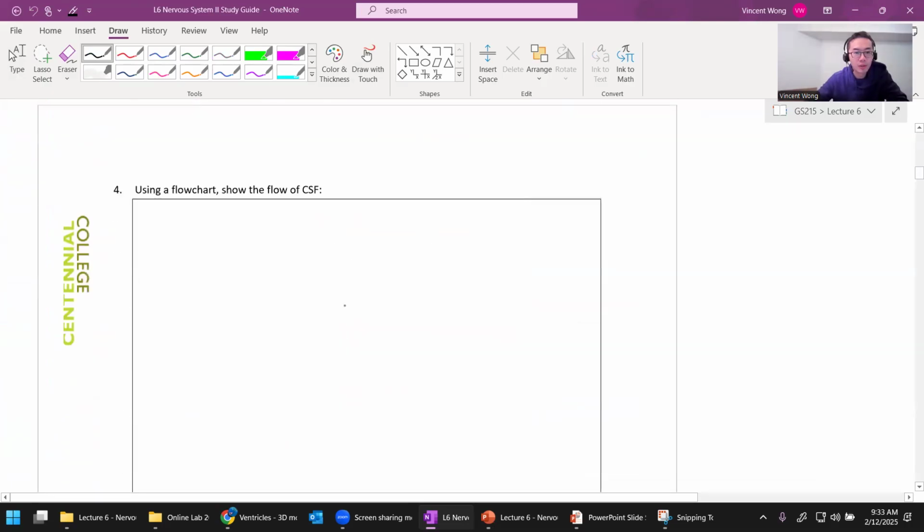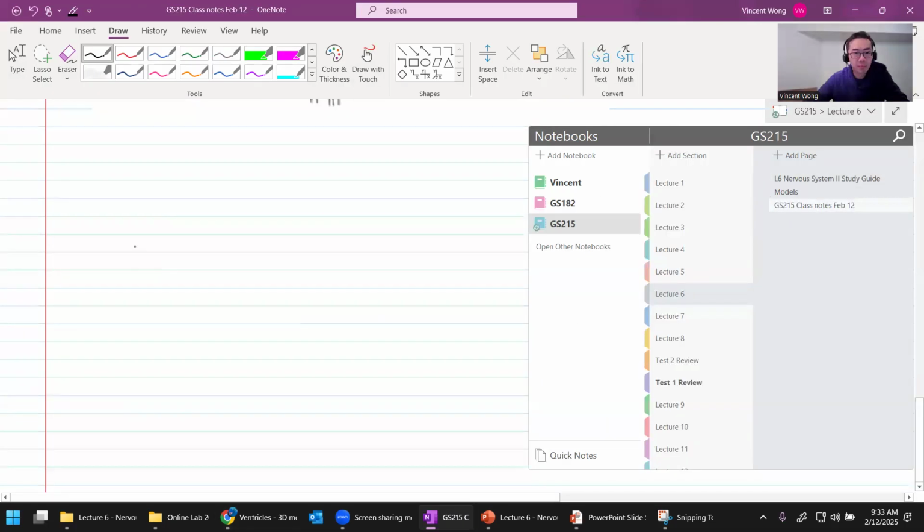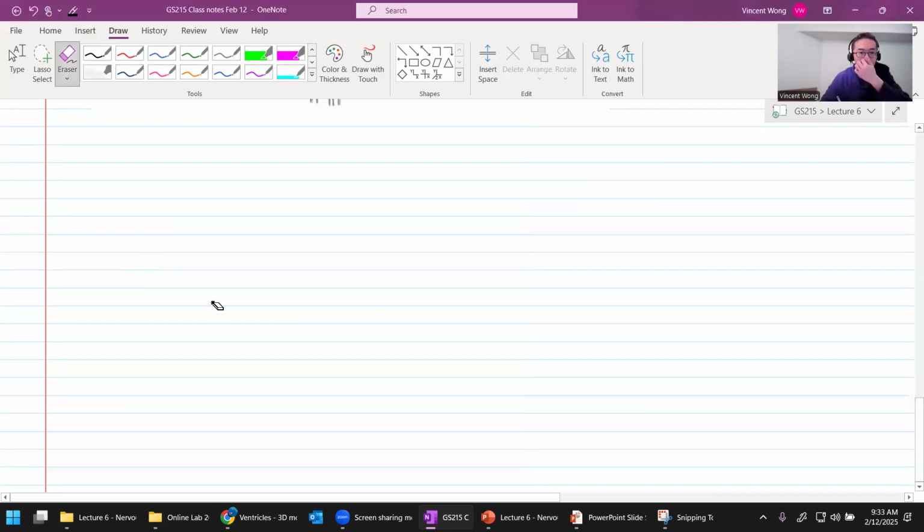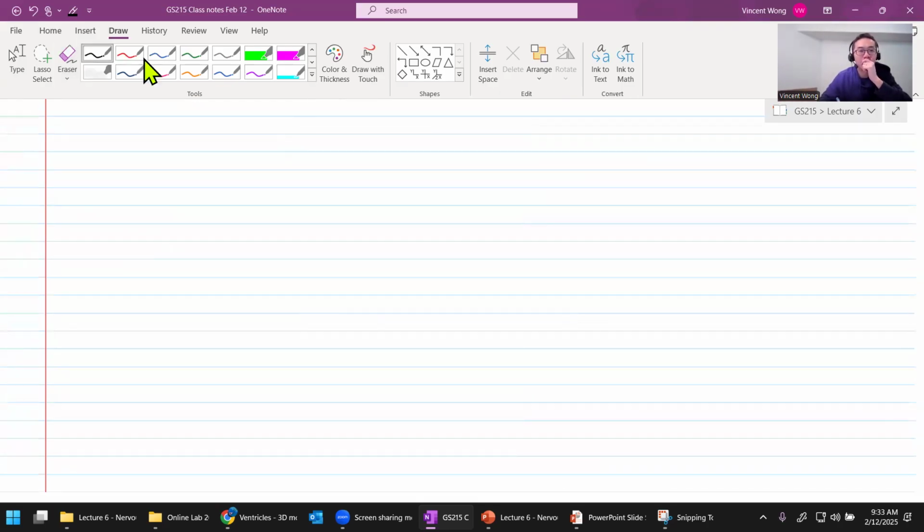Use a flowchart to show the flow of CSF. All right. Doesn't matter. You can draw it elsewhere. I haven't done this for a while. Let me see if I can do it properly with the spacing and everything.